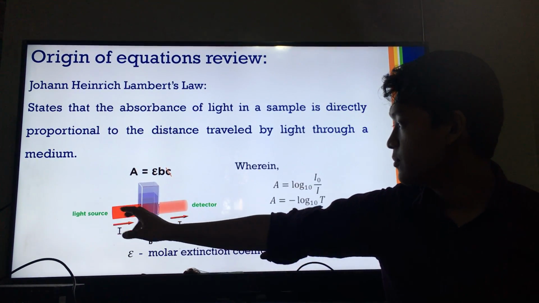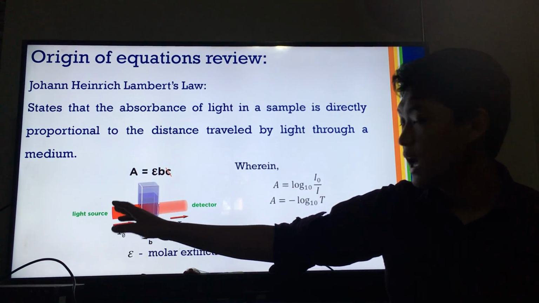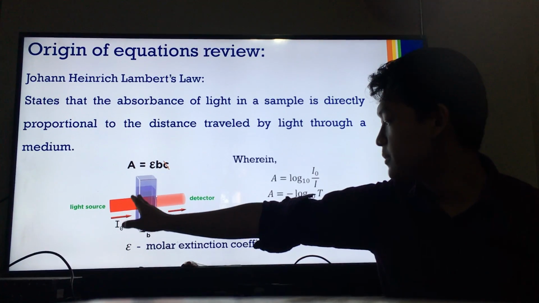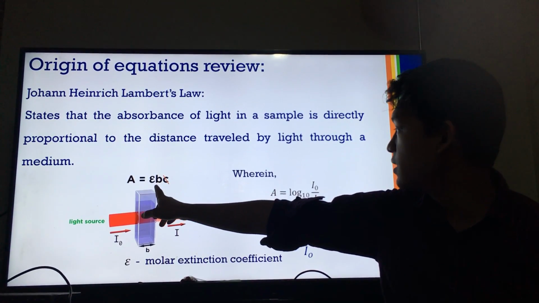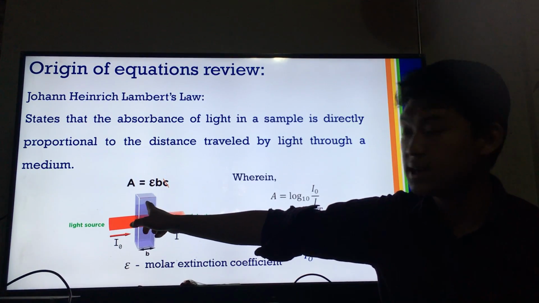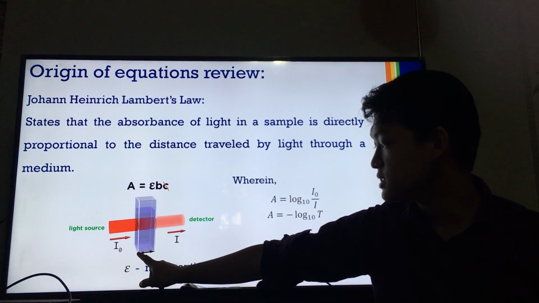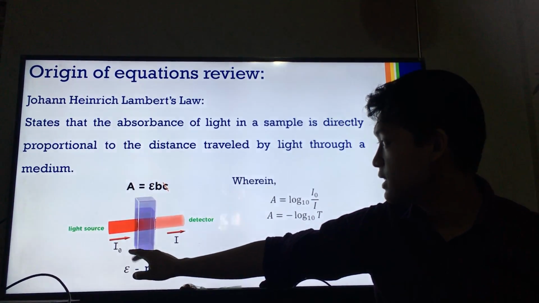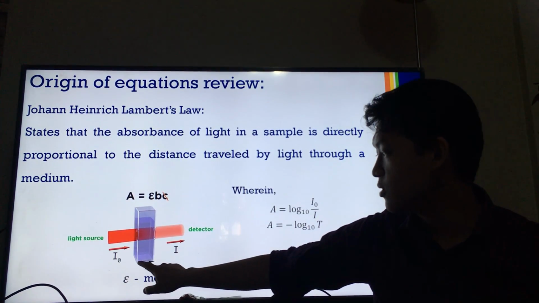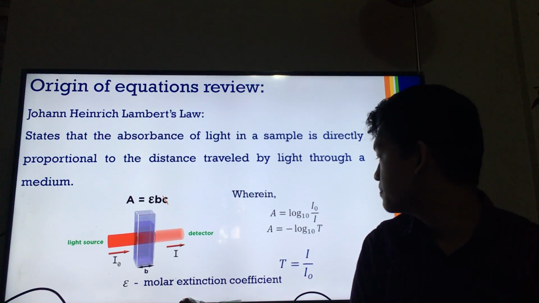So absorbance is equal to epsilon, the molar extinction coefficient, times the distance traveled by light in a medium, or B. In this illustration, B is the length of the distance traveled by light through the medium, wherein this rectangular prism is the medium.